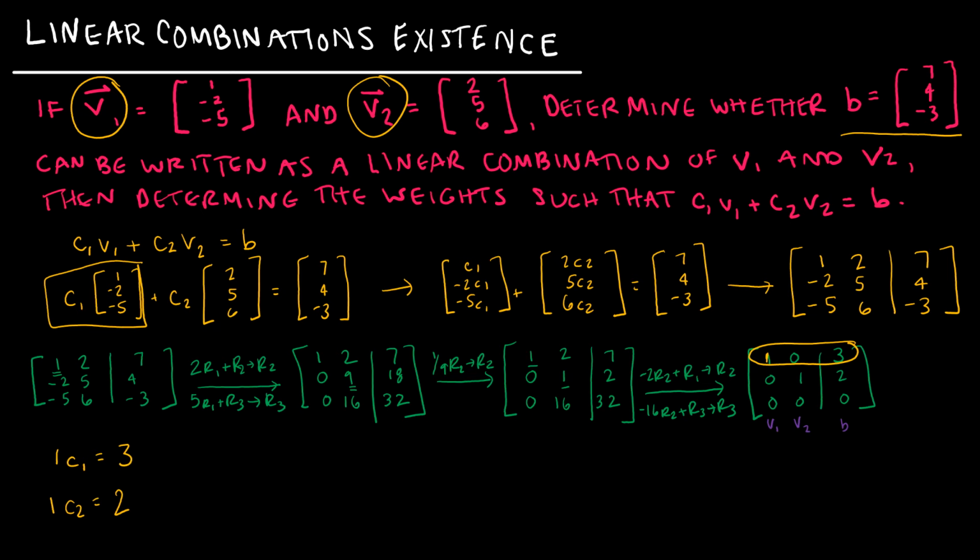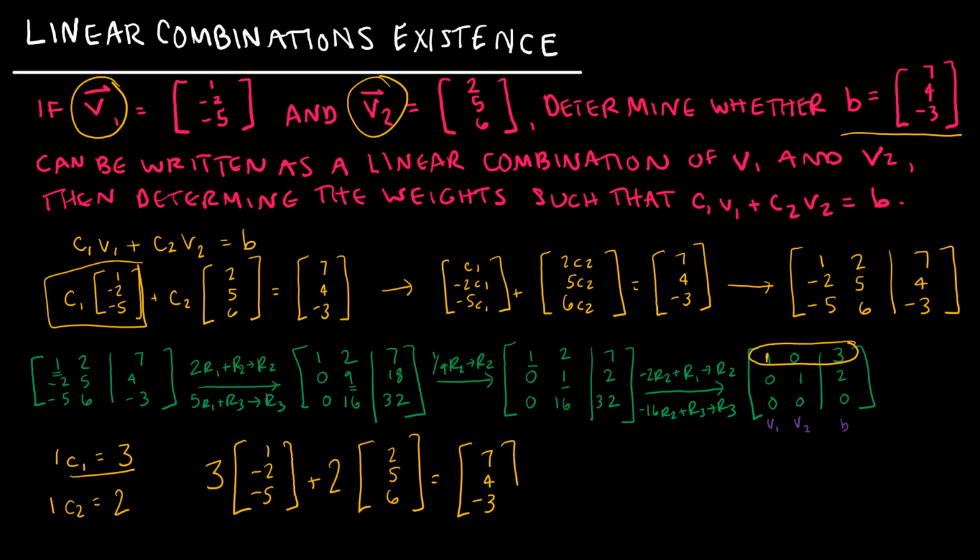Yes. What are the weights? The weights are C1 is 3, so I could say 3 times 1, negative 2, negative 5, plus 2 times 2, 5, 6 is equal to 7, 4, negative 3.